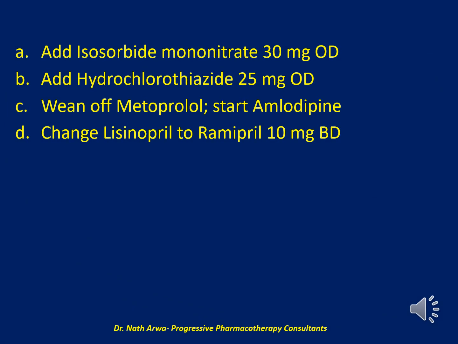Would it be A. Add isosorbide mononitrate 30 mg orally once daily, or B. Add hydrochlorothiazide 25 mg orally once daily in the morning, or C. Wean off metoprolol, start amlodipine, or would it be D. Change lisinopril to ramipril 10 mg orally twice daily? I will give you 10 seconds to choose the correct answer to this question from the listed options.